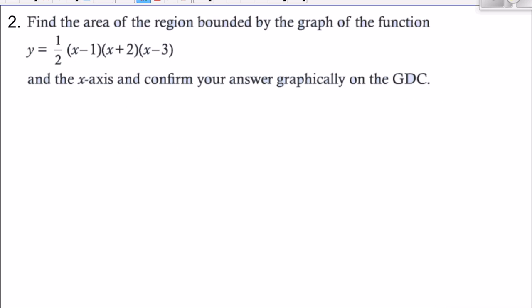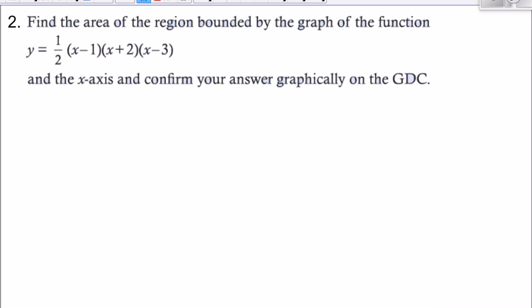And now look at this example here. Find the area of the region bounded by the graph y is equal to a half (x minus 1)(x plus 2)(x minus 3). Now, the first step is we need to sketch this function.